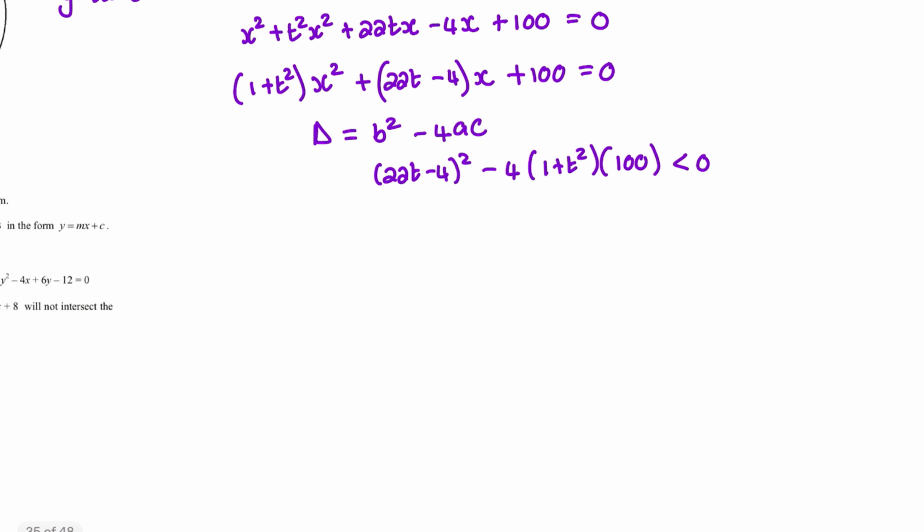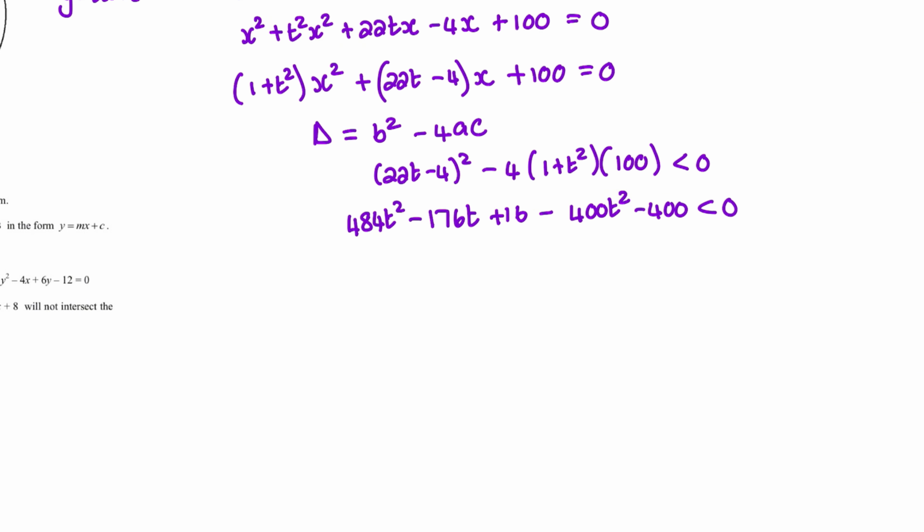So now we need to expand again. So if I multiply out, I have 484t squared minus 176t plus 16 minus 400t squared minus 400 is smaller than 0.